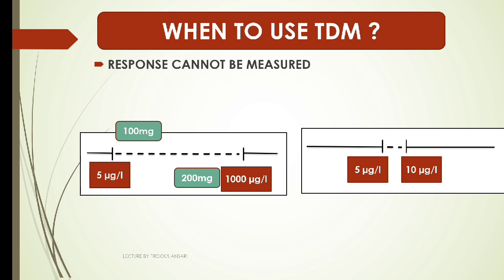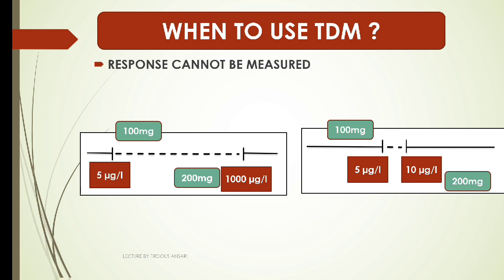So here if you are giving the same 100 mg of the drug, the concentration of the drug may be above 5 microgram per liter, or it may be less than 5 microgram per liter. If we try to increase the dose to 200, the plasma concentration may be more than 5 microgram per liter, because of which some therapeutic action may be produced.